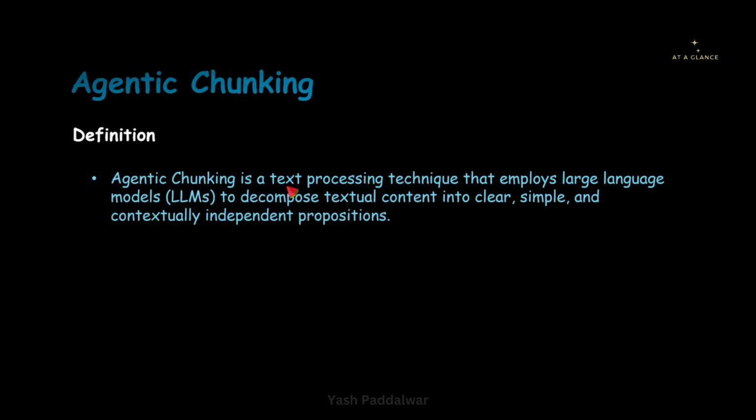Mark these words, it is a text processing technique, which basically makes the context more meaningful so that we can use the created propositions as chunks, or we can then perform any other type of chunking on them to create chunks. And note one thing, here it uses the LLM itself to process the data and convert it into independent propositions. This makes this particular technique different from the other chunking strategies that we have seen before.